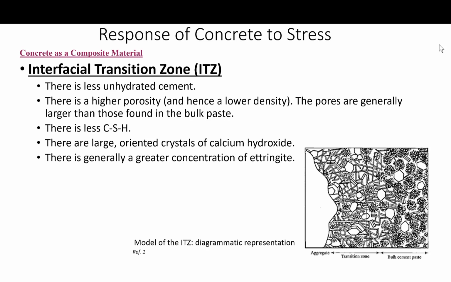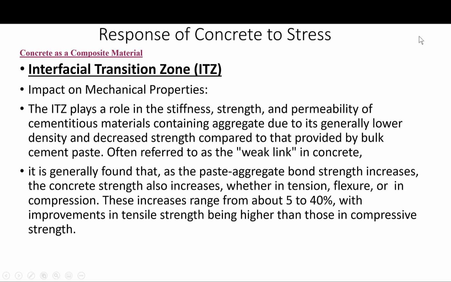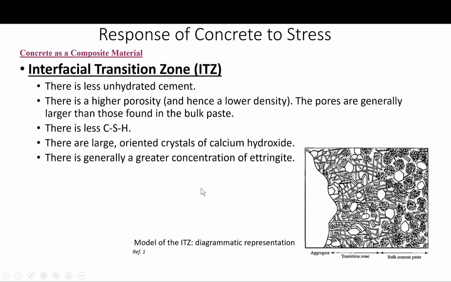The pores are generally larger than those found in the bulk paste. There is less calcium silicate hydrate. There are large oriented crystals of calcium hydroxide. There is generally a greater concentration of ettringite. These are basically some of the general properties of the ITZ.